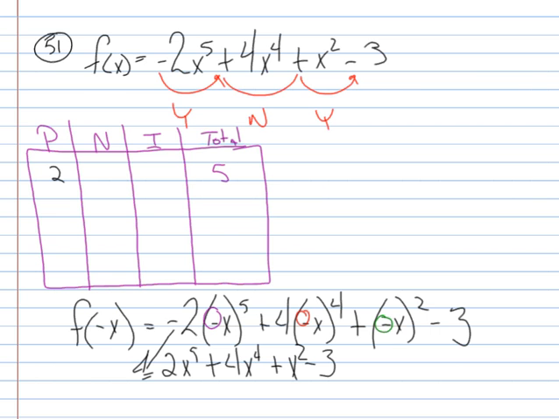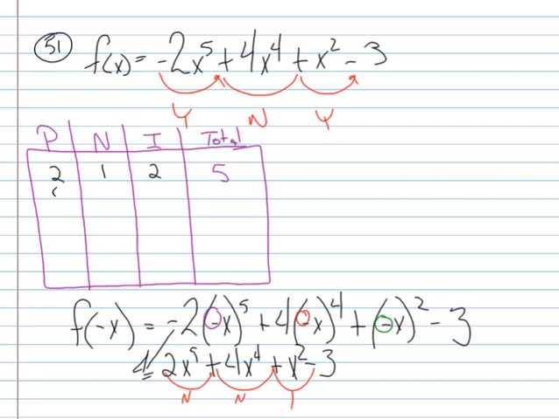So now checking, what are my sign changes? That's a no, no, 1. So therefore I know that, no matter what, I have to have one negative solution. But looking at this, I have 2 positives, 1 negative, so that means I have 2 imaginary.